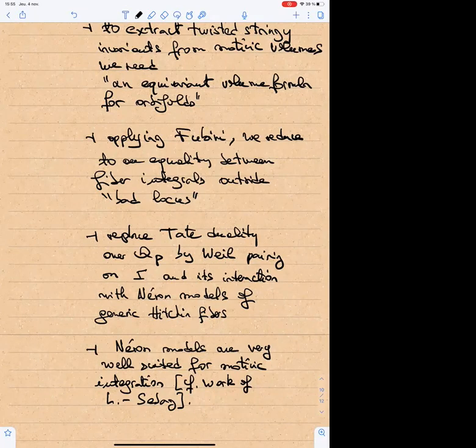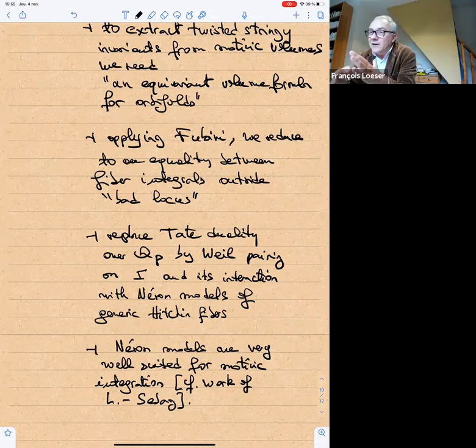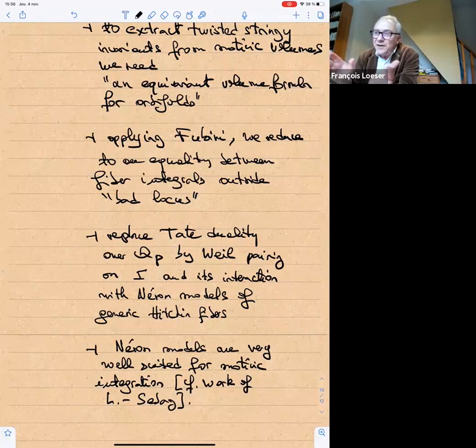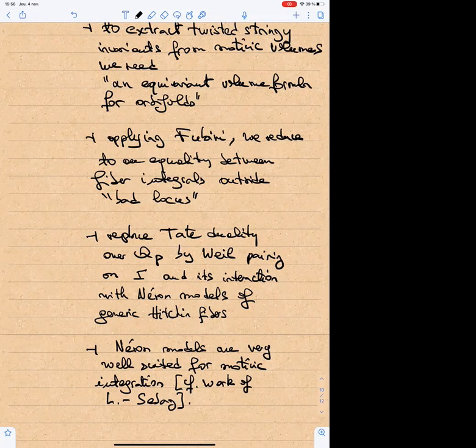I see. So the idea is if you compute volumes, you can neglect codimension 1 sets. In fact, yeah, but you have to be more careful. What I just said is true, but you have to be careful.